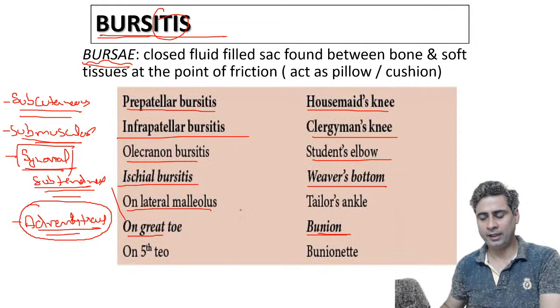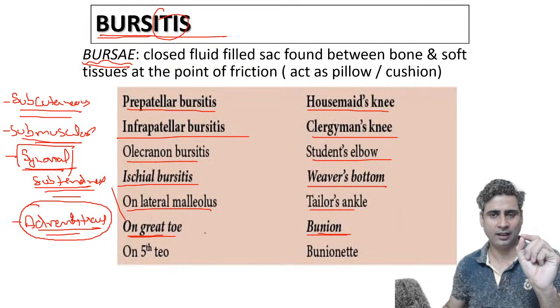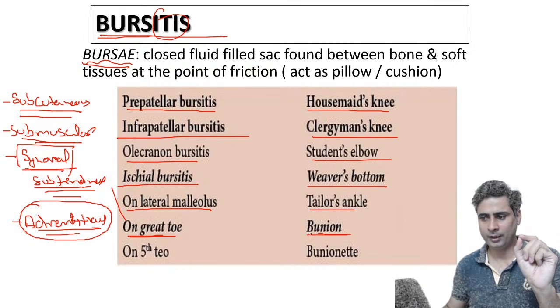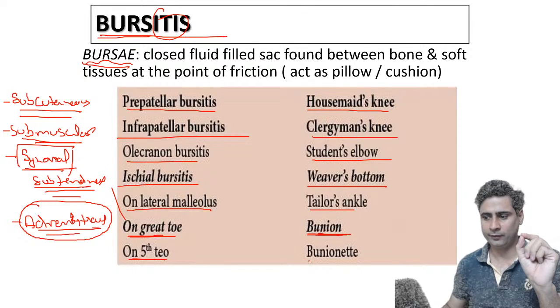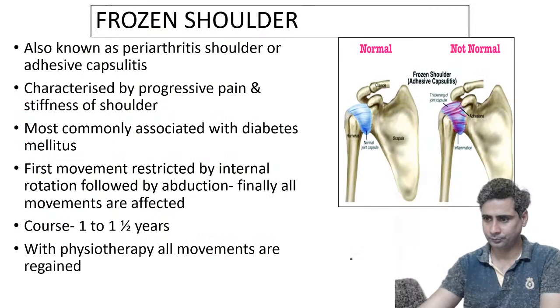On lateral malleoli, it is known as Taylor's ankle. On great toe, medial side of first metatarsal head, there is development of adventitious bursa known as bunion. Similarly, on lateral side of fifth metatarsal head, there is development of adventitious bursa known as bunionette. So these are the important bursitis.